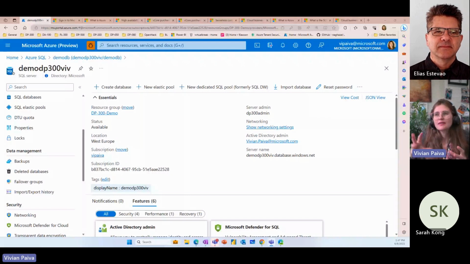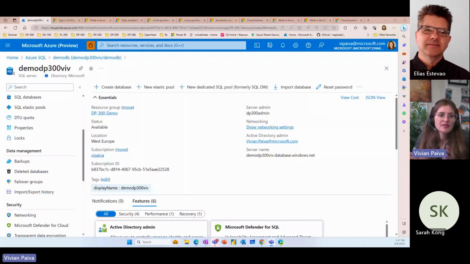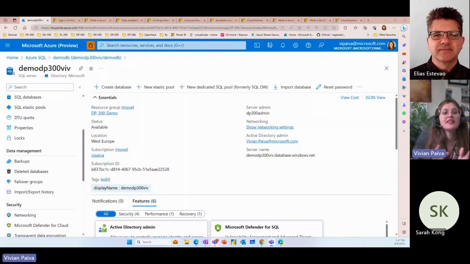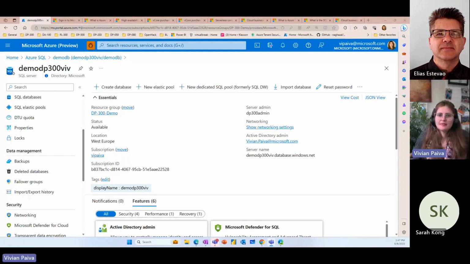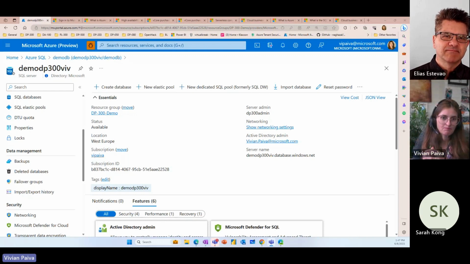And with Azure SQL Database, we have lots of options to choose from. If you think about service tiers, for example, we don't have Hyperscale or DTU in Managed Instance. So if we need flexibility, if we are building a brand new database, maybe we can take advantage of Azure SQL Database.